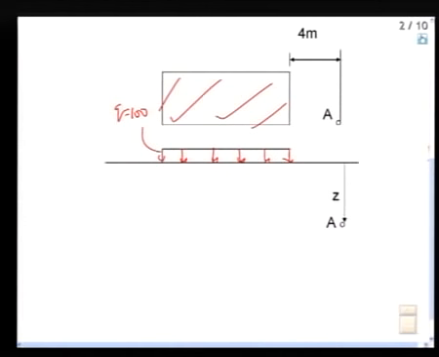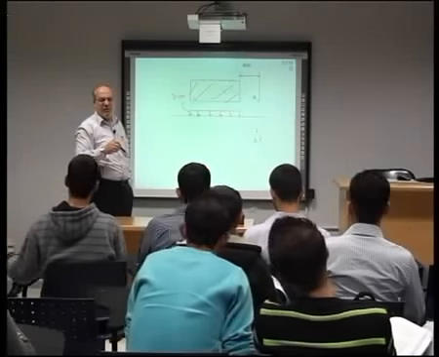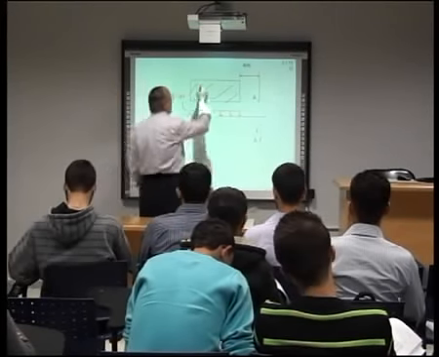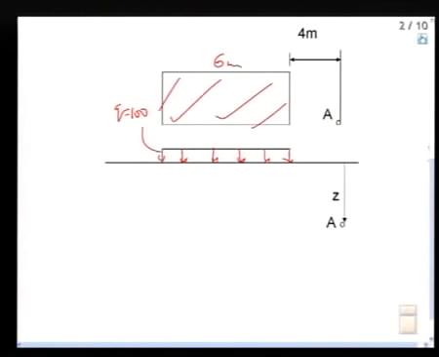Now, I want to find the stress at point A, which is 4 meters away from the side of the footing. The footing is, I think, 6 meters, and this is 5. No, this is 4, 5. Okay, 5 meters, and Z is 5 meters.